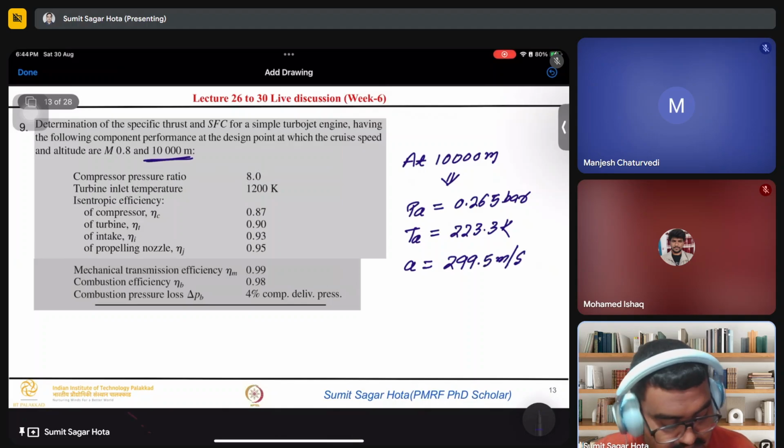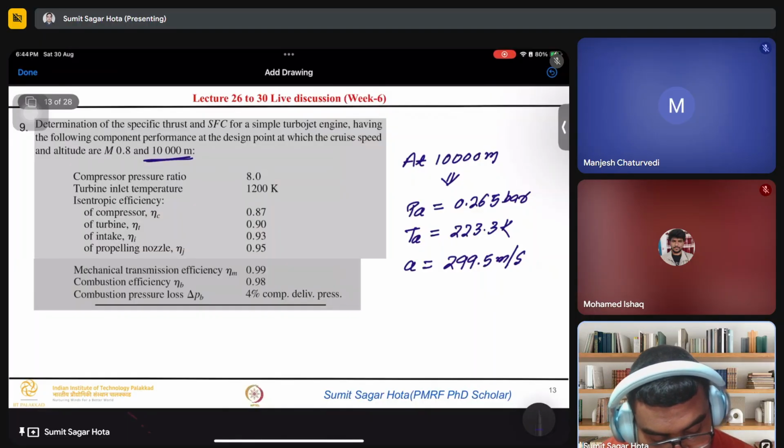Either they should give you one table where all three parameters are there, or they have to directly give you the values at 10,000 meter. Then only you can solve this question.